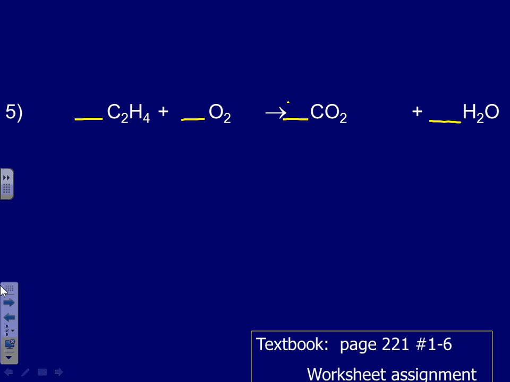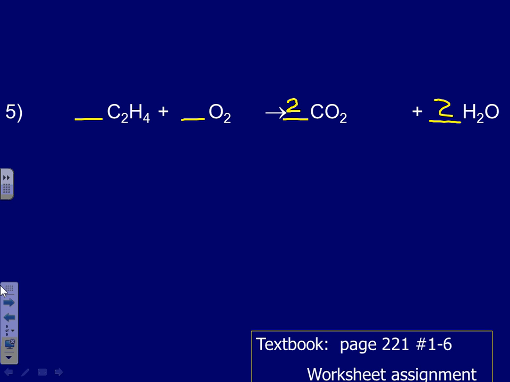A 2. I have to have a 2. 2 and 2. H's. How many H's on the left? How many H's right there? So what do I need here? I need a big 2. 2 times 2. 2 times 2.